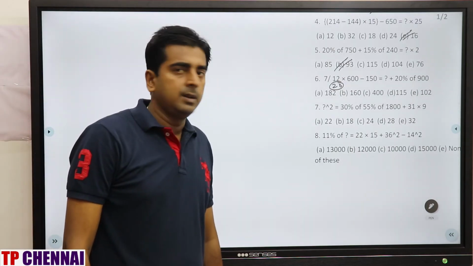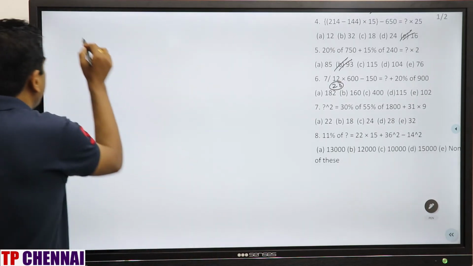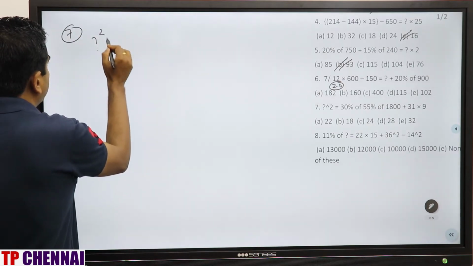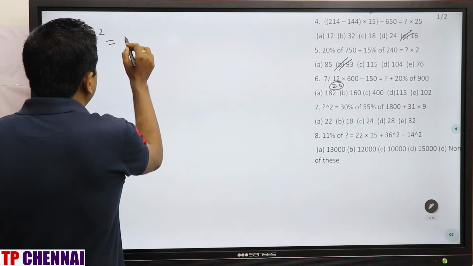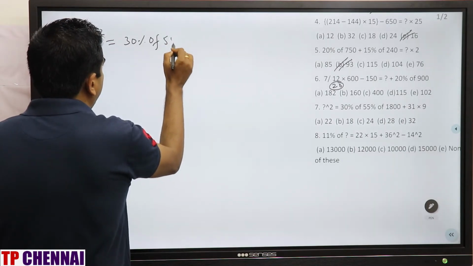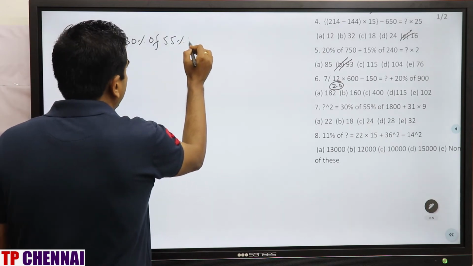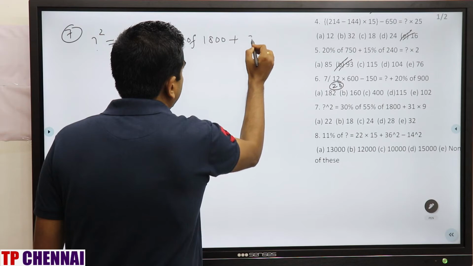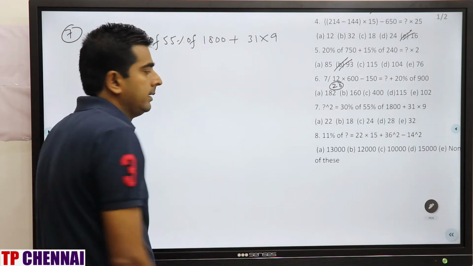Now we'll see question number 7. Question mark square is equal to 30% of 55% of 1800 plus 31 into 9.